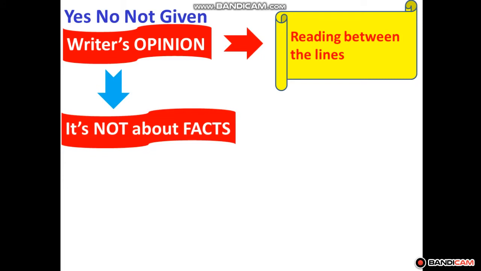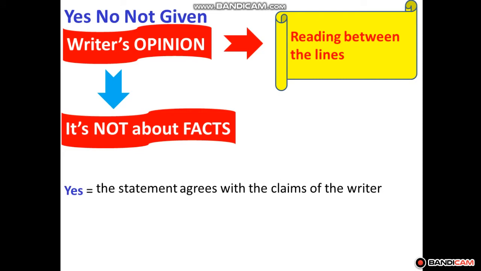Now that means it's not about facts. Unlike true, false, not given, that is based on facts, as we discussed before. Well, yes means the statement agrees with the claims of the writer, not the facts given in the passage. Okay?